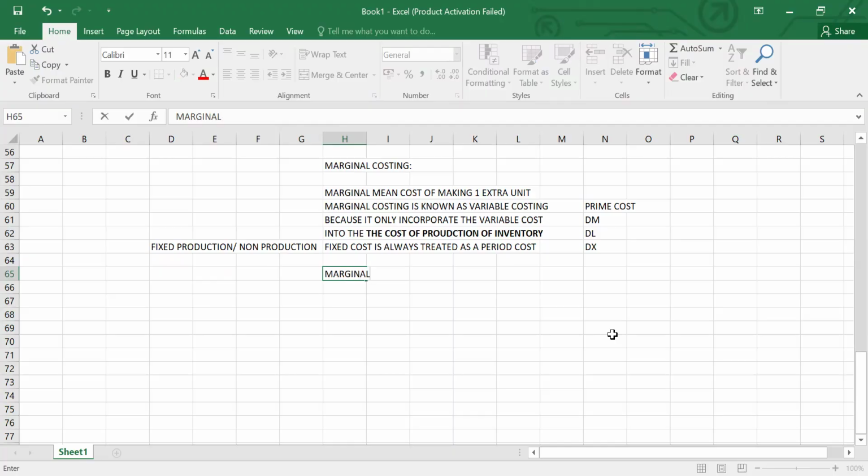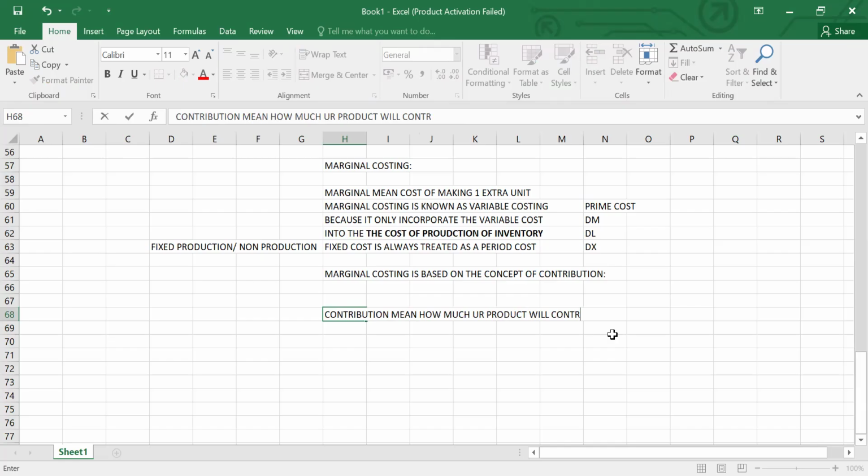Marginal costing is based on the concept of contribution. Contribution means how much your product will contribute in your profit.